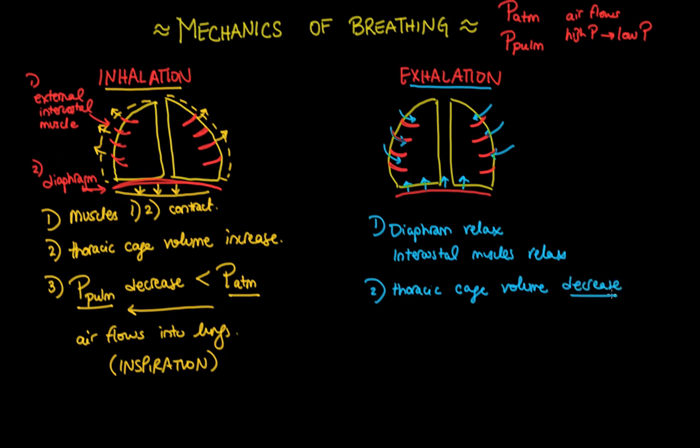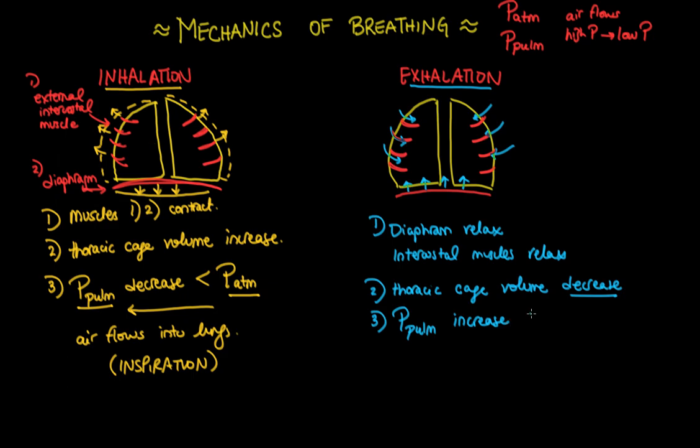Okay? And then we've established that as volume increases, pressure decreases. So here it's the exact opposite. So as the thoracic cage or lung volume decreases, pressure is going to increase. So P pulmonary, so pressure inside the lungs, is going to increase due to this drop in volume.